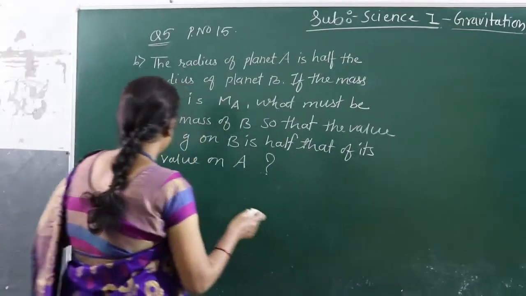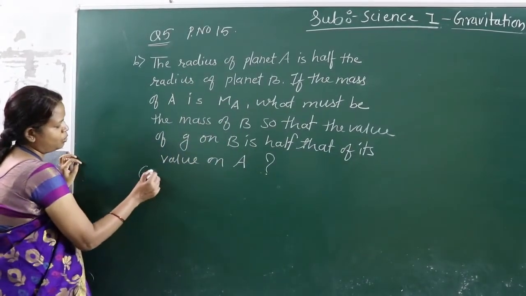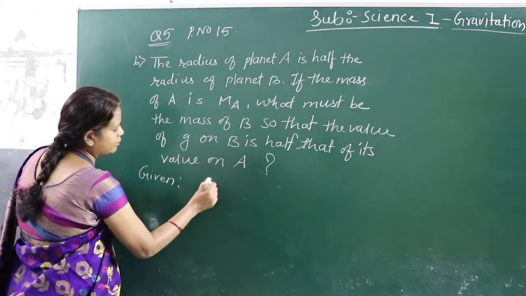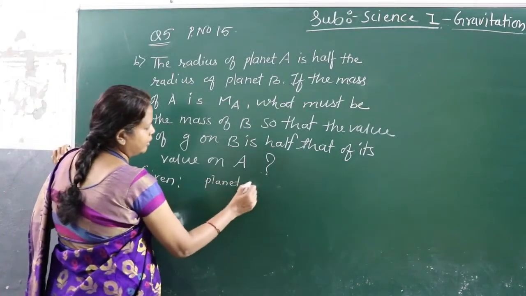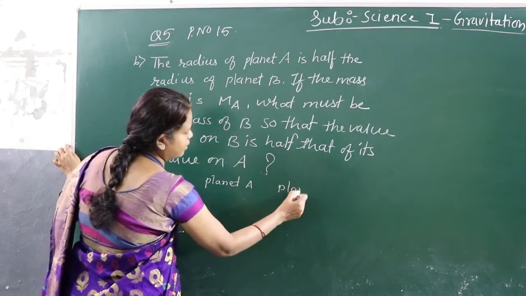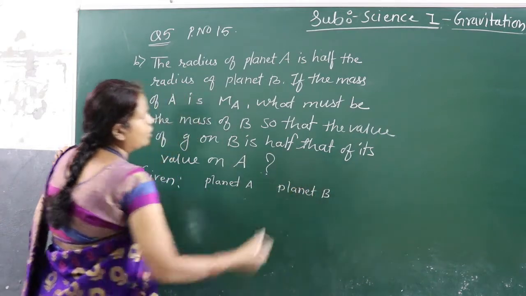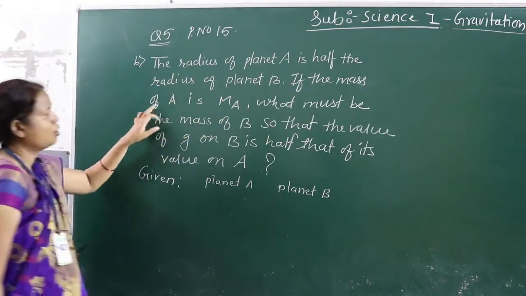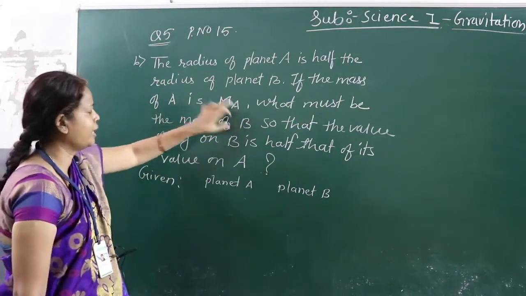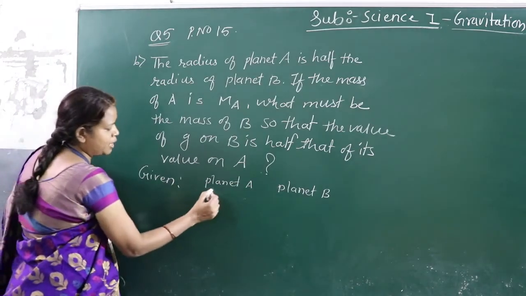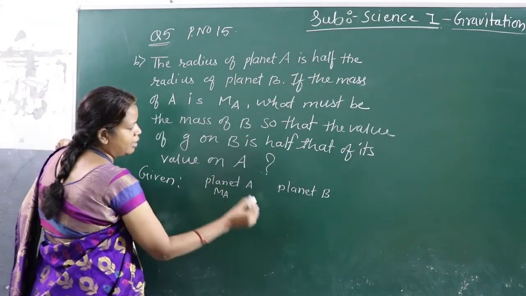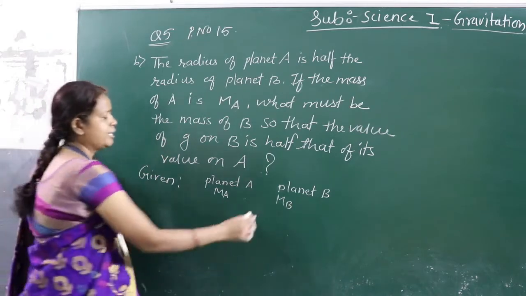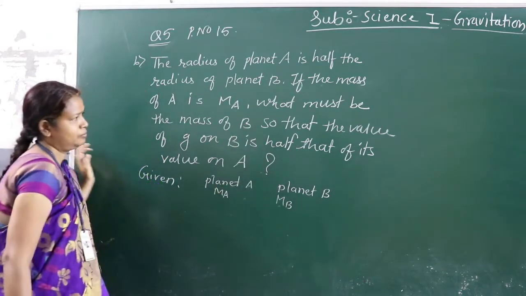So first of all, as we know, our step number 1, that is given, we have two planets, that is planet A and another is planet B. What is again given? If the mass of A is ma, meaning the mass of this planet is given as ma, and the mass of another planet, we can suppose that it is mb.